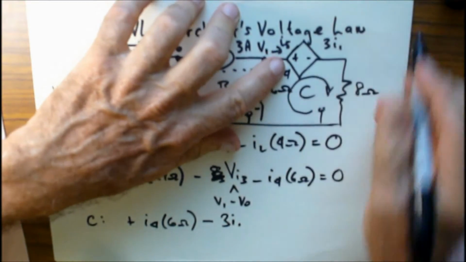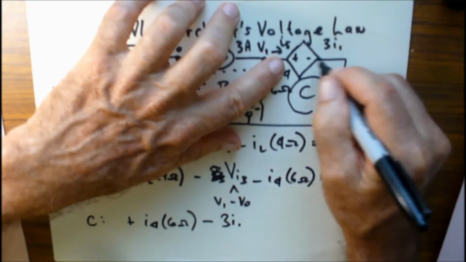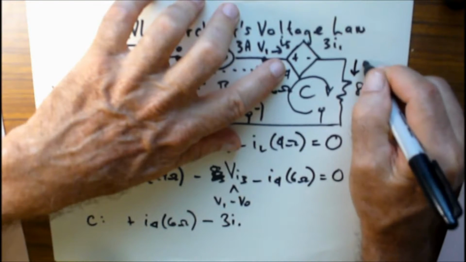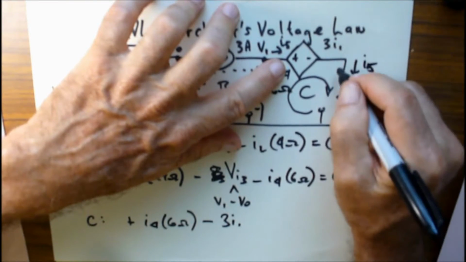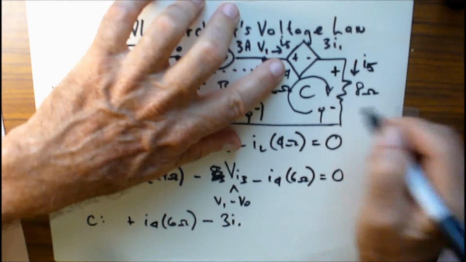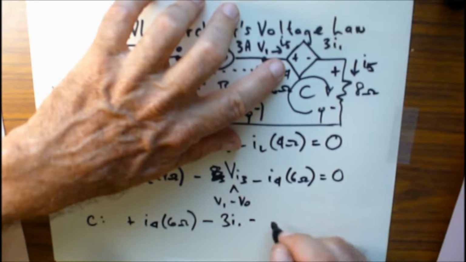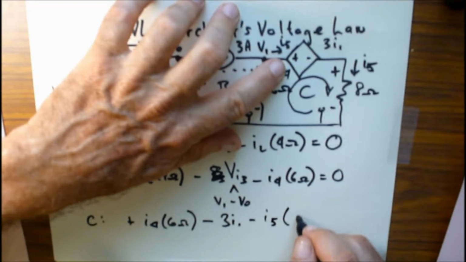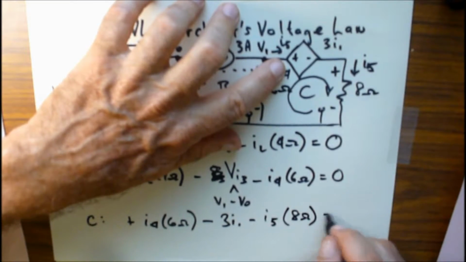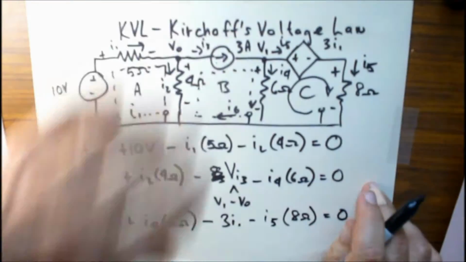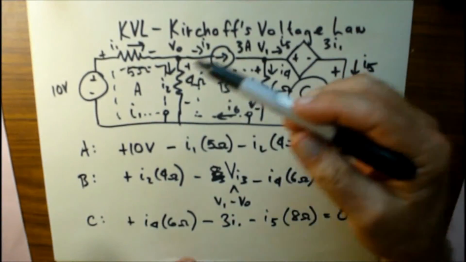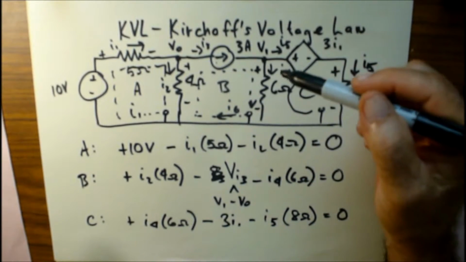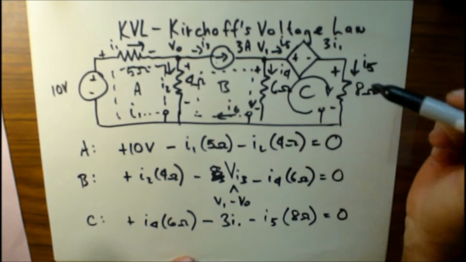And then this is I5, and we say it's going this direction, so that makes this plus and this minus, so it's going to be minus I5 times 8 ohms, and all of that equals 0. Okay, so in order to complete this, we'll probably need to do KCL, which is coming up next.